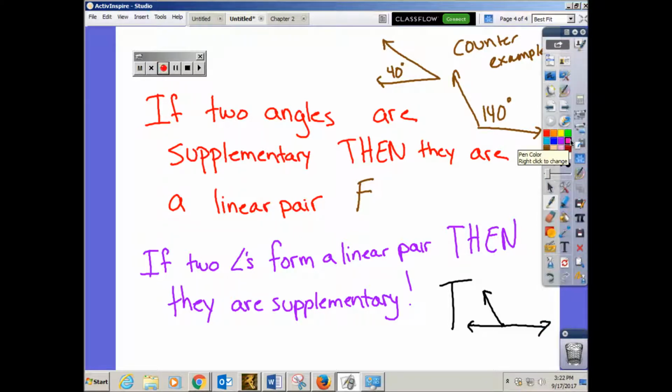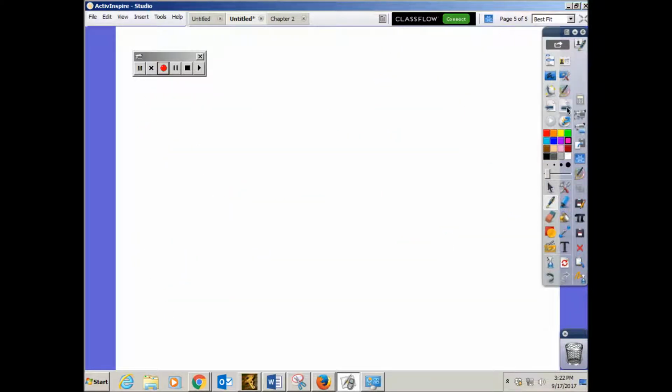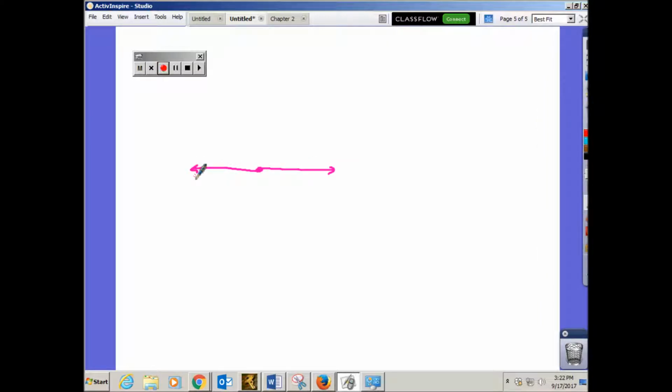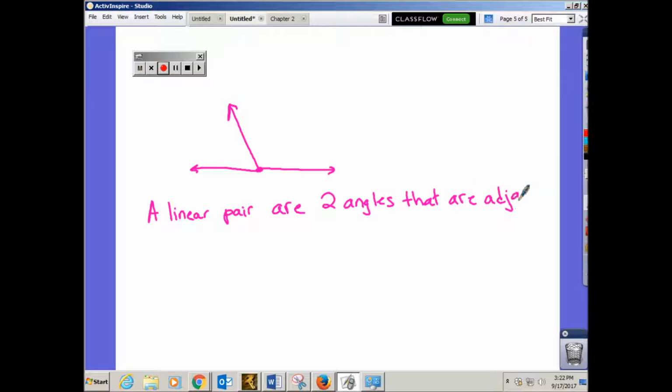So let's talk about what a linear pair actually is. A lot of you will say, well, it makes a straight line, and they're two angles. So basically, a linear pair are two angles that are adjacent, meaning they touch.